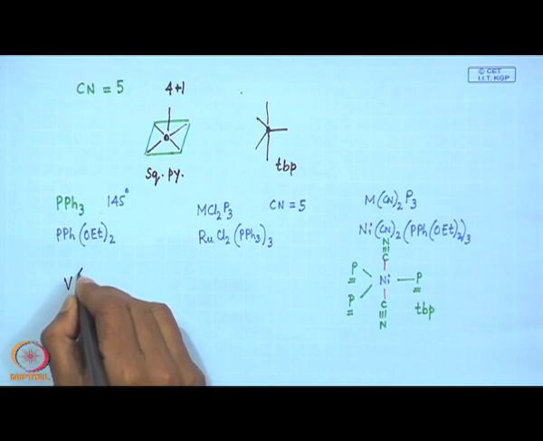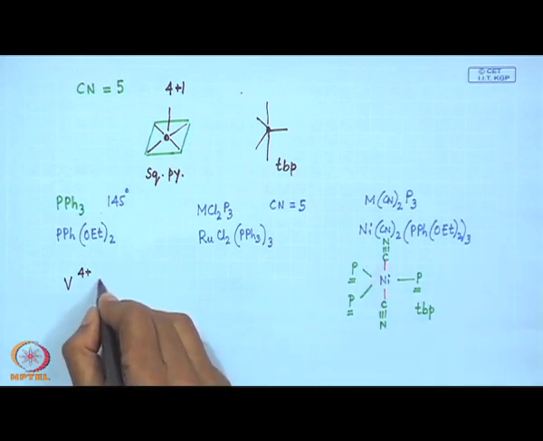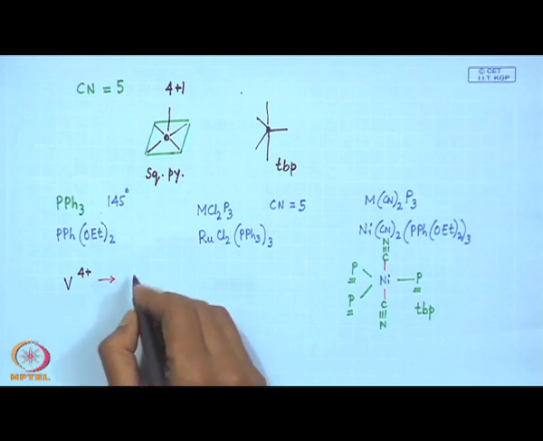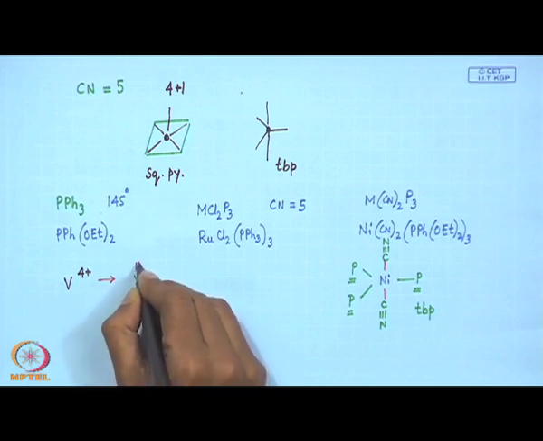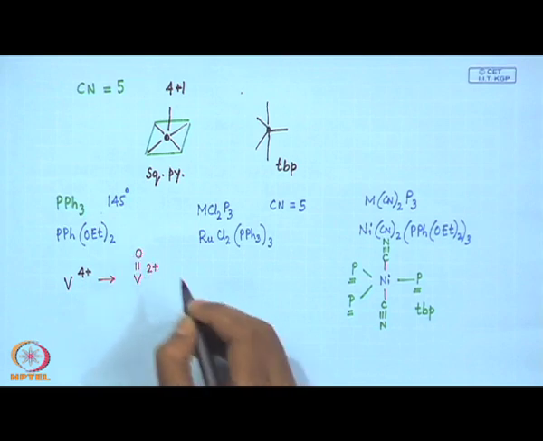But if we have a situation where the corresponding oxo species of the metal center, the vanadyl species VO2 plus, is present, instead of vanadium 4 plus, so tetravalent vanadium, since it has some affinity for oxygen atom, can form very easily the corresponding vanadyl ion.